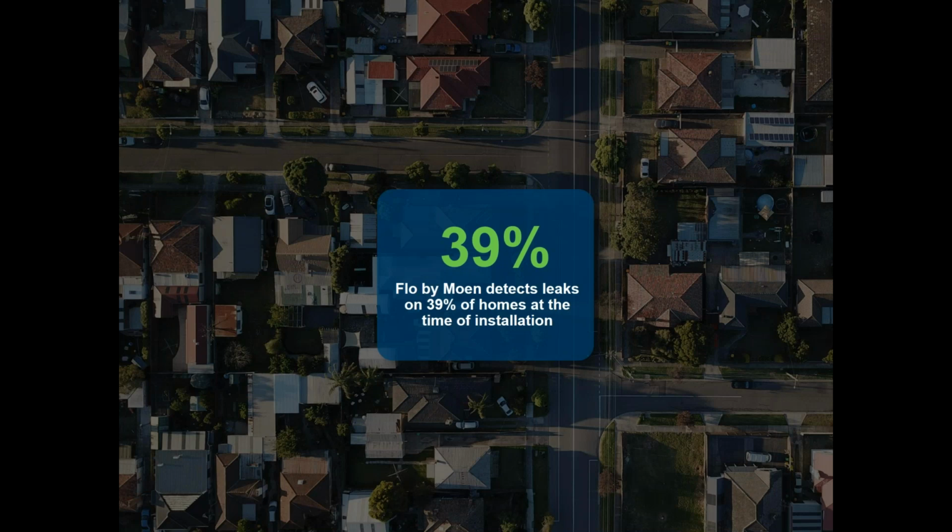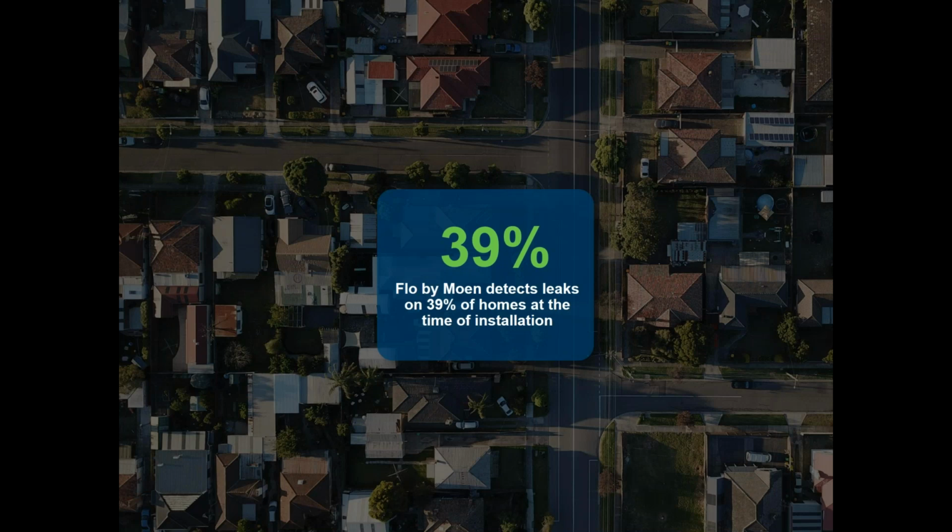Now, I think the really interesting thing to know is that when we run a health test 30 days later, so on day 30 post installation of Flo, 33% of homes are passing their health test, which means we're seeing a 15% drop in leaks in homes after Flo was installed.